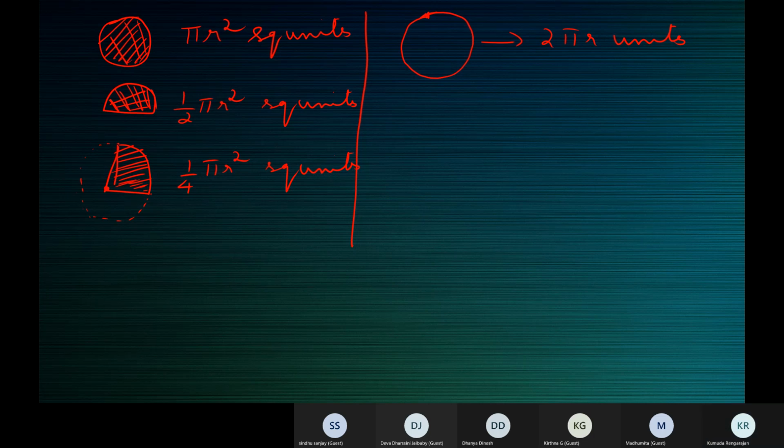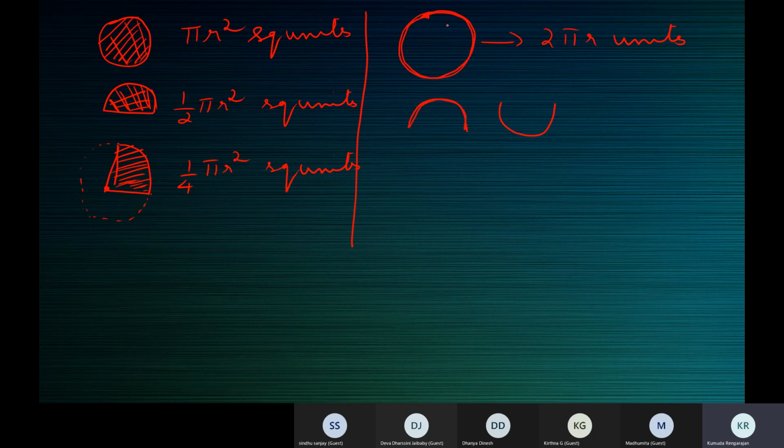Yes, ma'am. 2 pi r is the length of this ring. Circumference of the circle is 2 pi r units. Now, when you cut this ring into 2 equal halves, each half will look like this. Yes or no? I'm not very perfect in my figures, but I'm sure you all understand.